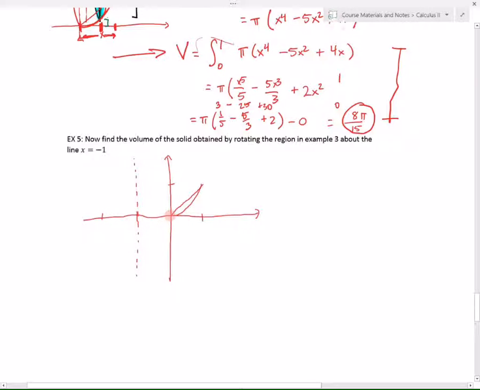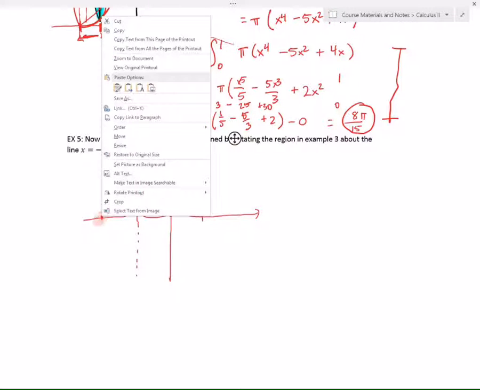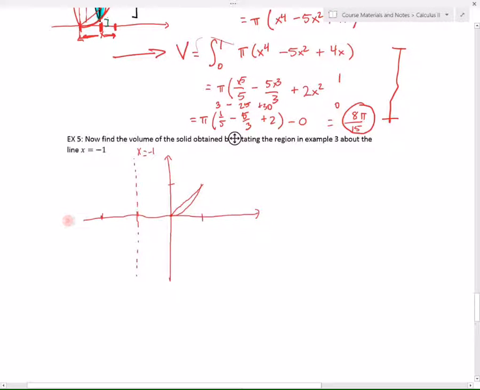Notice the bottom point here is 1 away from this x equals -1 line here. So I'm going to start here, and I'm going to go a unit 1 away from there. And I'm going to need to go up, because I like to mirror the 2 endpoints.